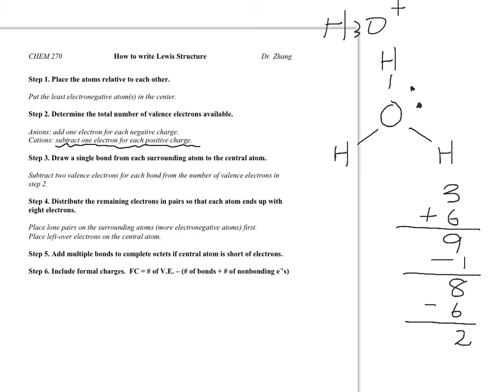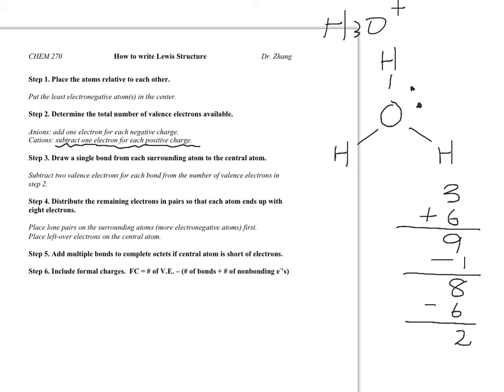Step 6 is to include formal charges. Formal charges are not actual charge, but it's a way of bookkeeping electrons. Formal charges can be calculated by the number of valence electrons of each individual atom minus how many electrons are assigned to this atom.